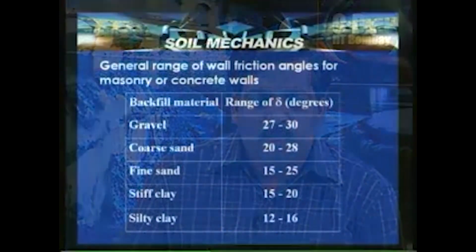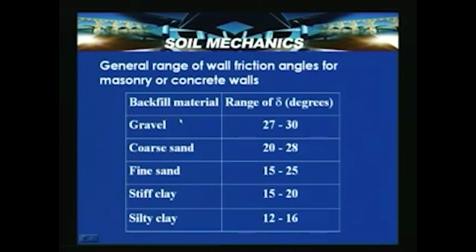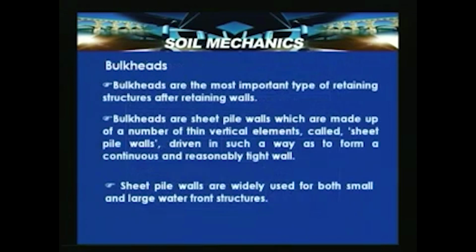So typical fill materials like gravel can have a range of delta, that is interface friction angle, of about 27 to 30 degrees. In the case of coarse sand it is around 20 to 28, fine sand 15 to 25, stiff clay 15 to 20, and silty clay is about 12 to 16 degrees interface friction angle. So this table presents the general range of wall friction angles for masonry or concrete walls.